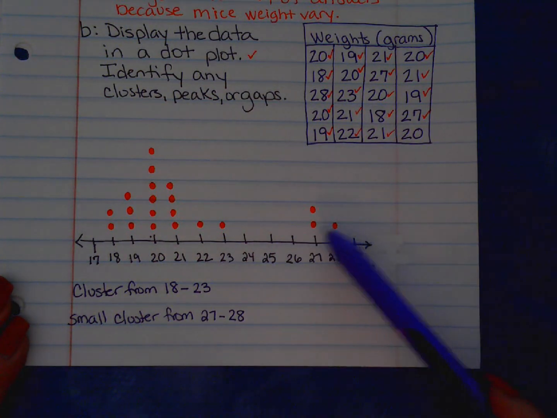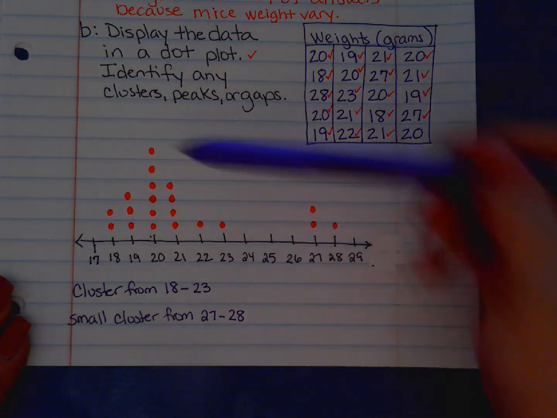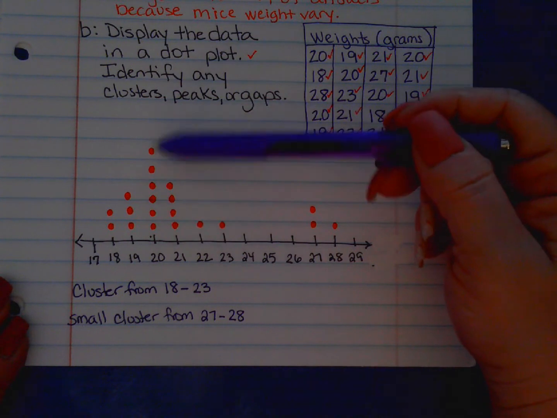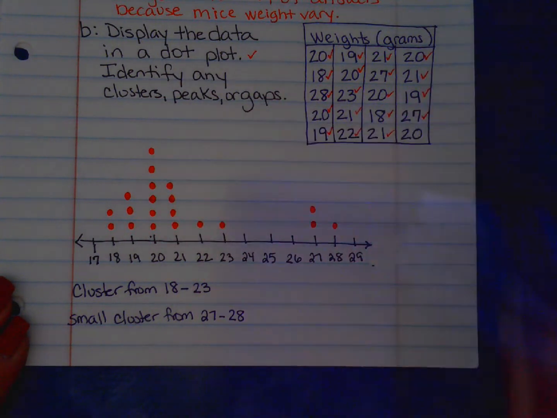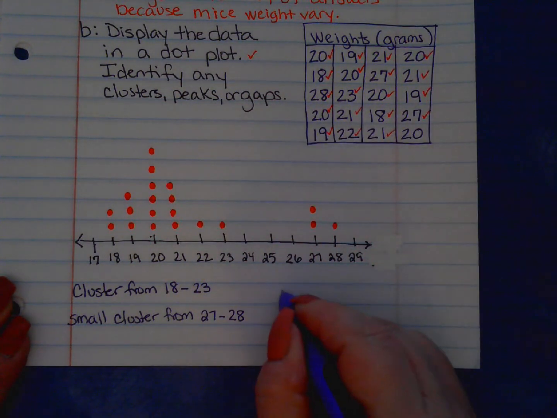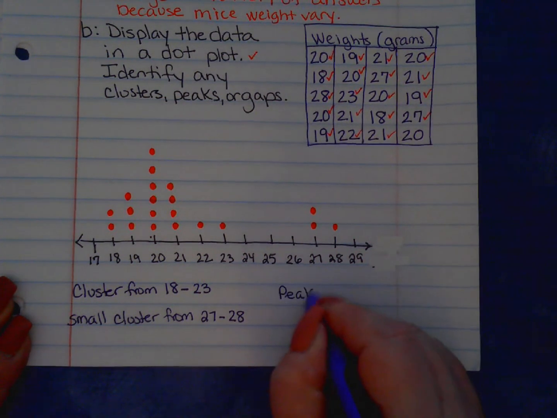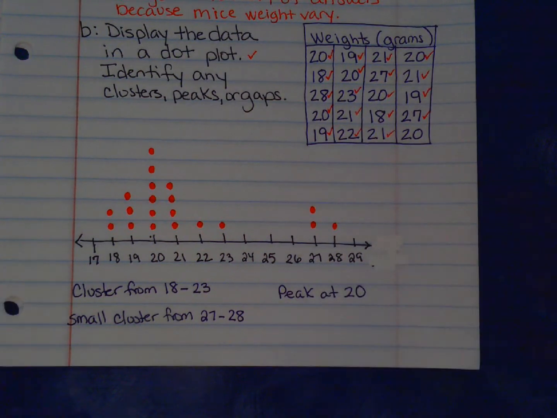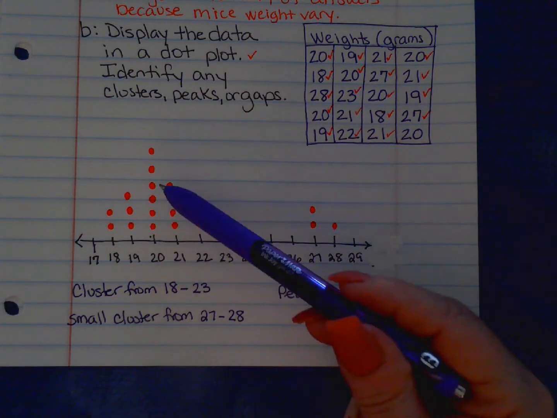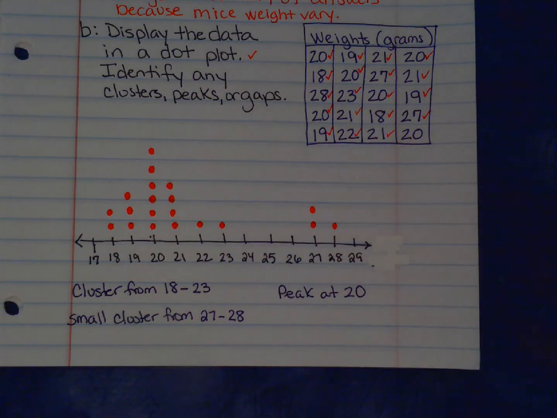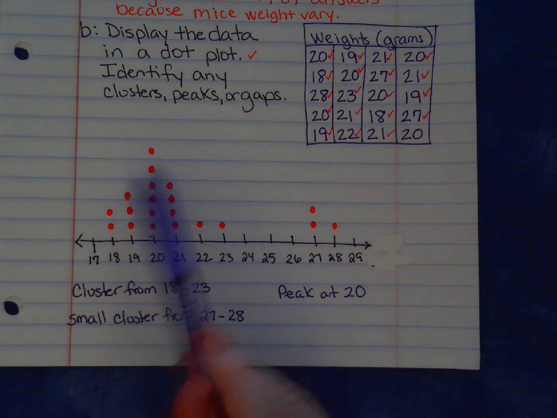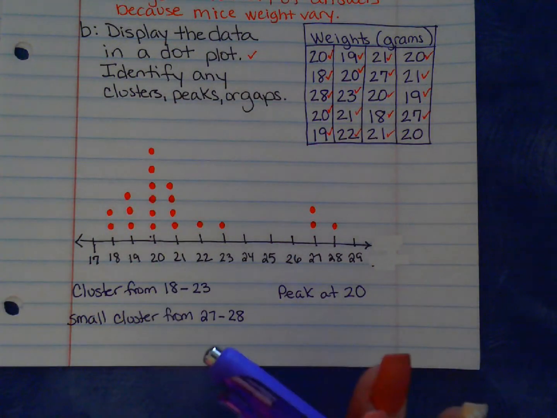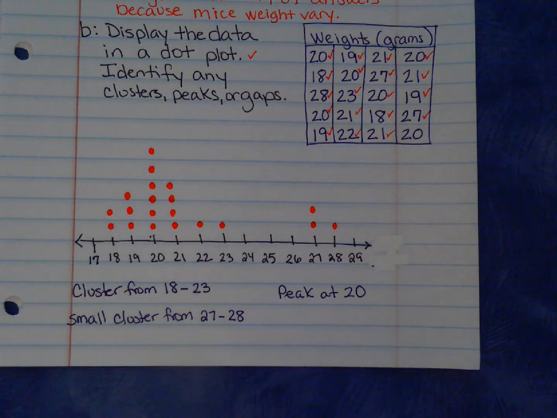It's only 2, okay? But clearly right here, there's a peak. So you could say there is a peak at 20, right? Because that's 20, okay? And that's like the very top of all our data. It's not even. There is a peak. There's a high point in that data.